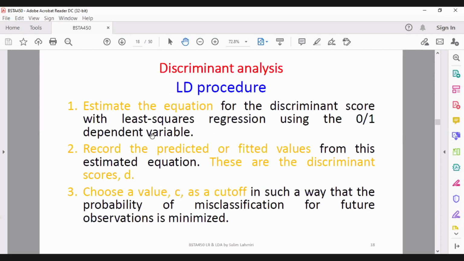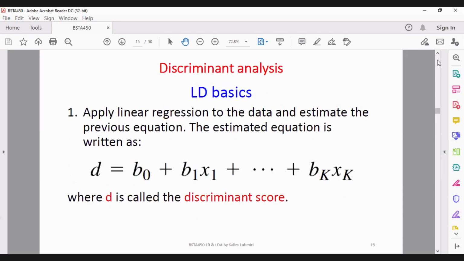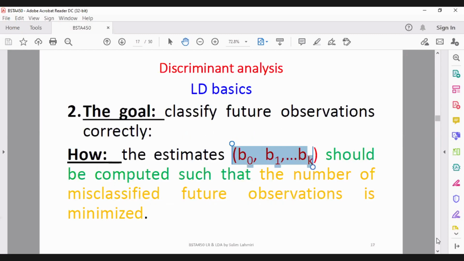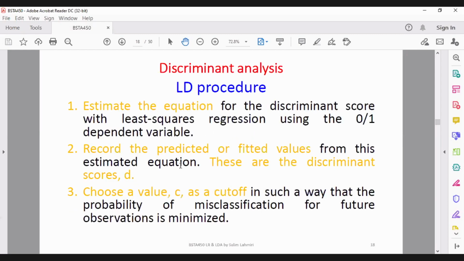This is the algorithm used to run linear discriminant analysis. The first step is to estimate the equation for the discriminant score. The second step is to record the predicted or fitted values from the estimated equation.